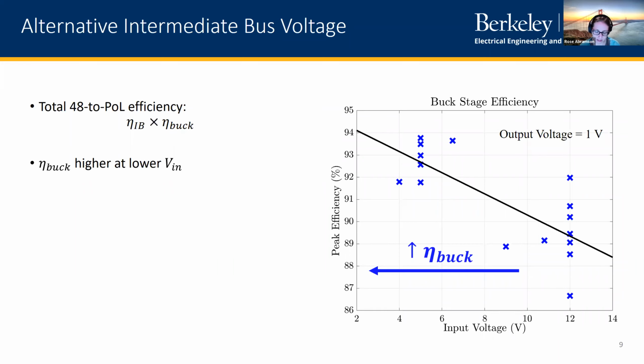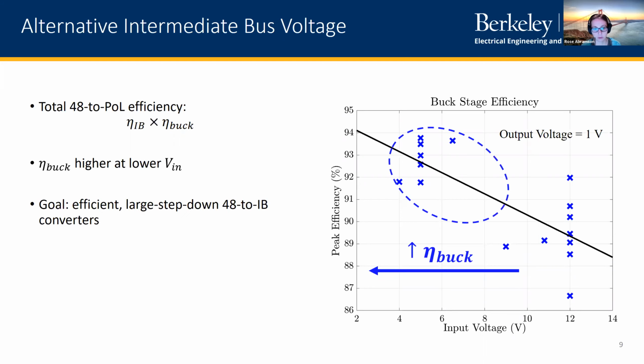And you can think of it as the buck is stepping down less, so that conversion ratio is lower, and therefore its efficiency is higher. So we might be able to take advantage of this if we can reduce our intermediate bus voltage. So if we can operate our intermediate bus stage at around 6 to 8 volts instead of 12 volts, then now we're having the second stage efficiency that's in the low to mid 90s rather than the high 80s in terms of efficiency.